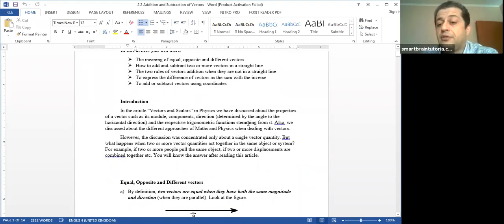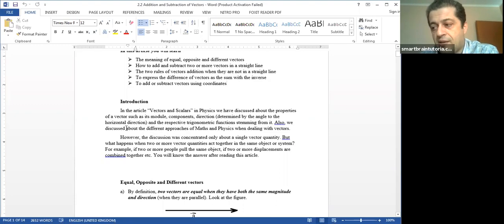In the article on the topic of vectors and scalars in physics, we have discussed the properties of vectors such as module or magnitude, the components, the x and y components, and direction. The direction was determined by the angle of the vector to the horizontal direction.